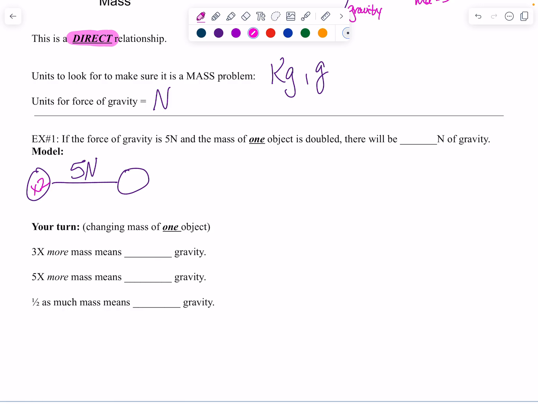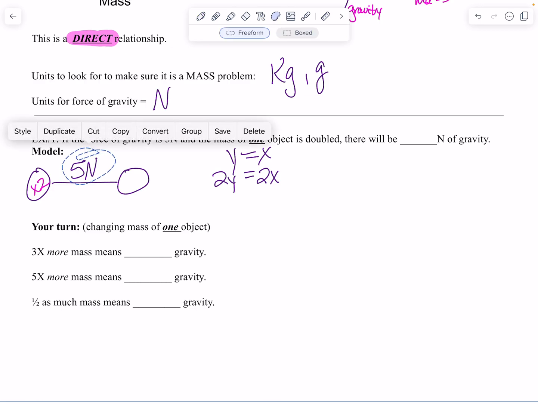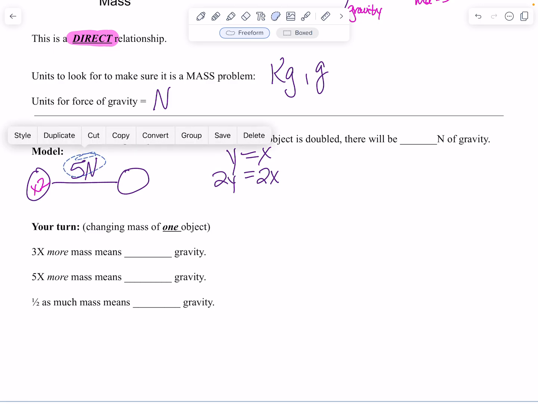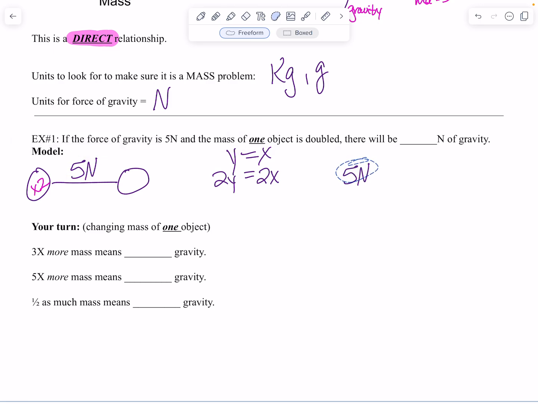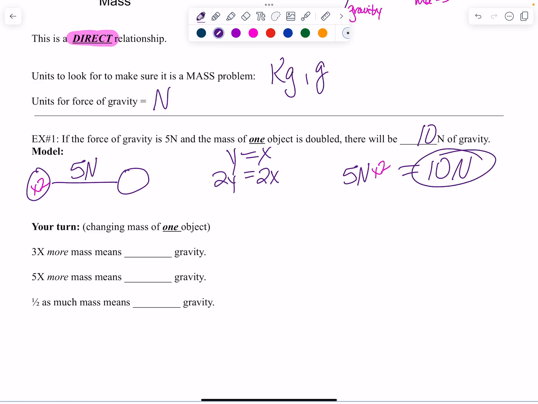Because I know that y equals x, if I have 2 times the mass, then I have to have 2 times the gravity. So I'm going to take this 5 N and multiply that by 2. 5 N times 2 equals 10 N. I will have 10 newtons of gravity.